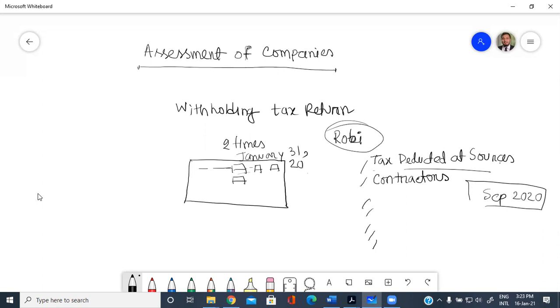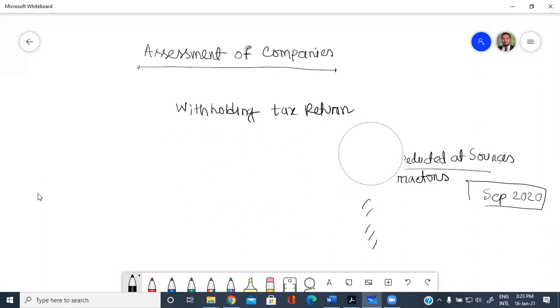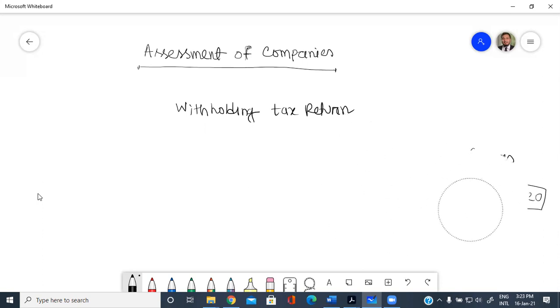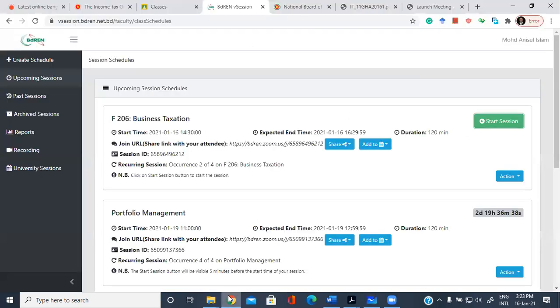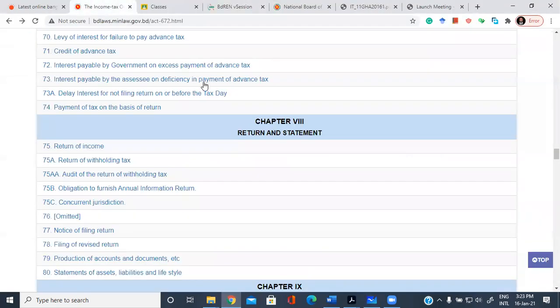Of the following year, 2021. Let me check whether there is any specific form prescribed by the NBR for submitting the withholding tax.